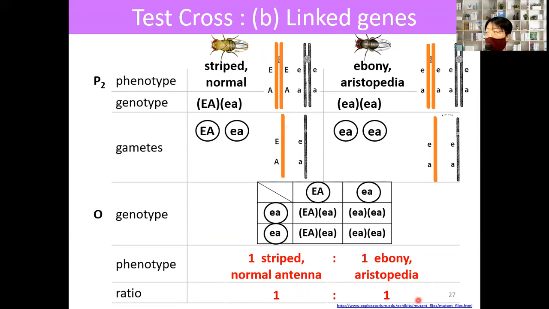Can you see that it's similar to monohybrid crosses already? Even though you have two genes, these two genes are found on the same chromosome. So we are considering the inheritance of a pair of chromosomes only, instead of two pairs as in dihybrid crosses. Just now I drew two pairs; now this one is only one pair.